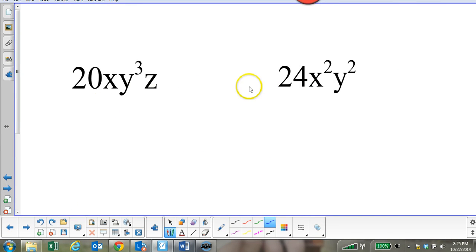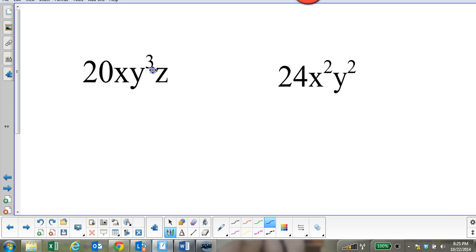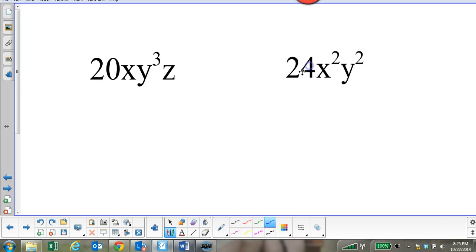Now what happens if I have 2 monomials? Now this seems crazy. This seems like, oh my gosh, this is impossible, the GCF of these two. But in fact, it's really not. Because I don't know the values of x and y and z, I can't break them up into anything more than they already are.